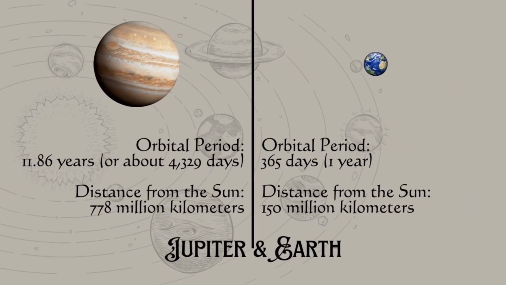For example, if we compare Earth and Jupiter, we find that Earth has an orbital period of 365 days, or 1 year, and its distance from the Sun is about 150 million kilometers. Meanwhile, Jupiter, which has a more distant orbit from the Sun, about 778 million kilometers, has an orbital period of 11.86 years.